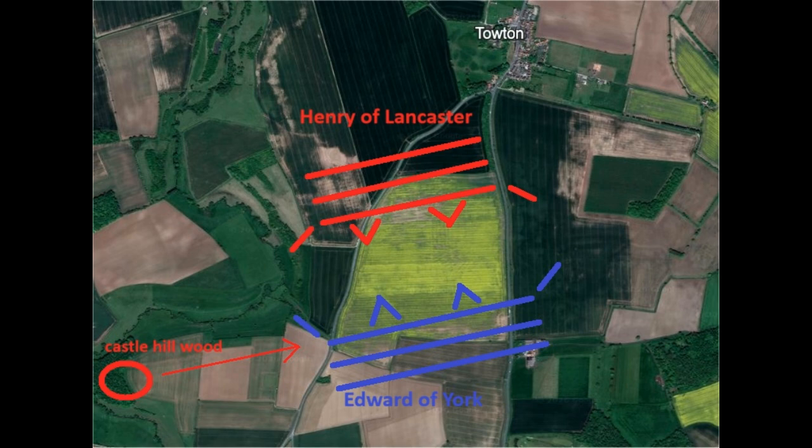In the initial engagement, Henry's archers were falling short, so the English were picking those arrows up out of the soil and firing them back, and it was more or less even Stevens through the early part of the battle.